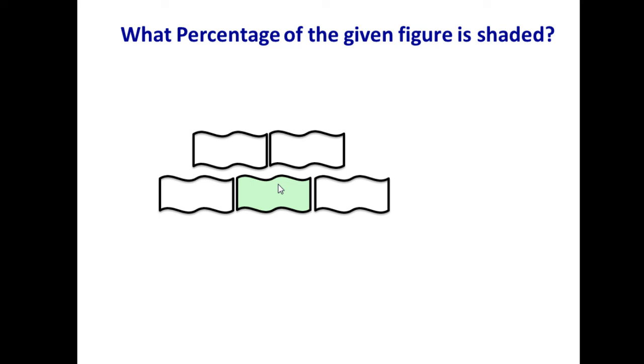Now the fraction is 1 over 5, right? You need to convert it into percentage. What is the process? Multiply by 100. So 1 over 5 times 100, what you get is 20%. The answer here is 20%.